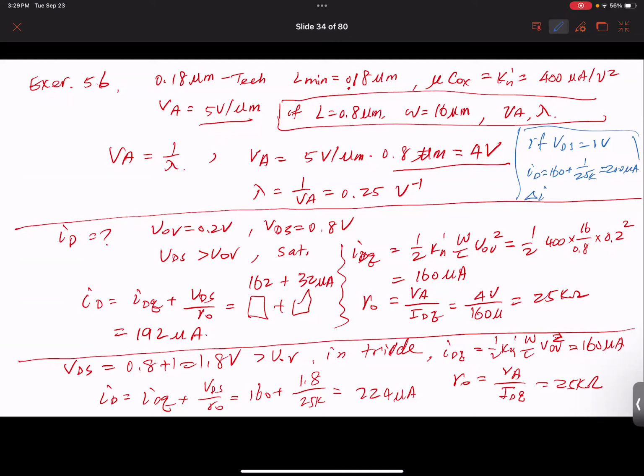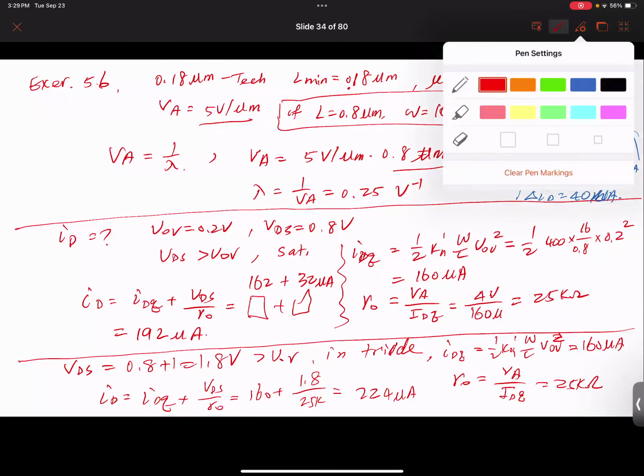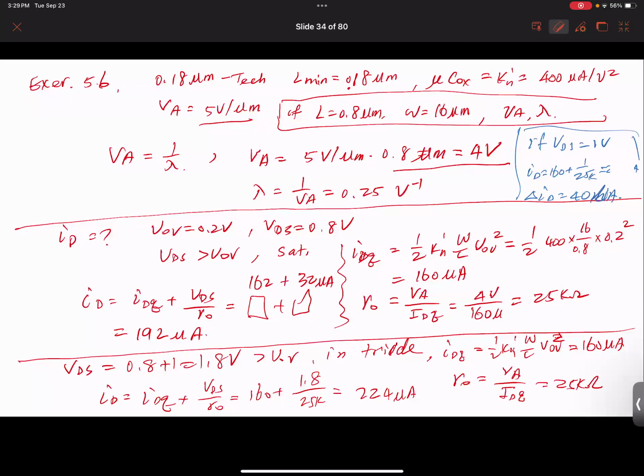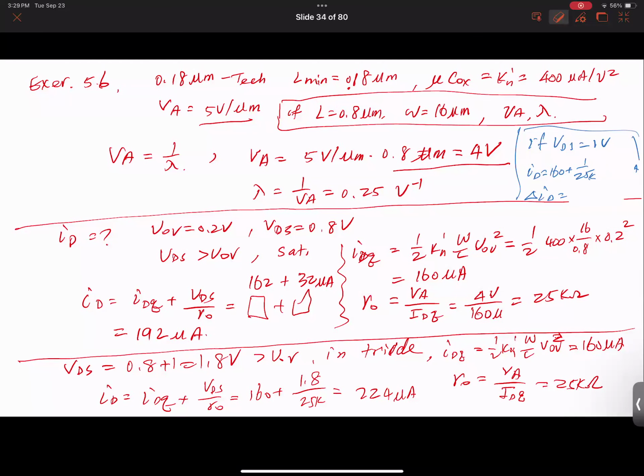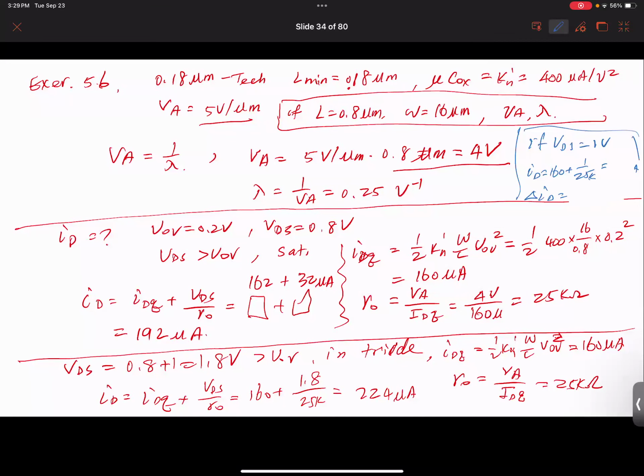And then the increment in ID is going to be 40 microamps. So this is the solution.